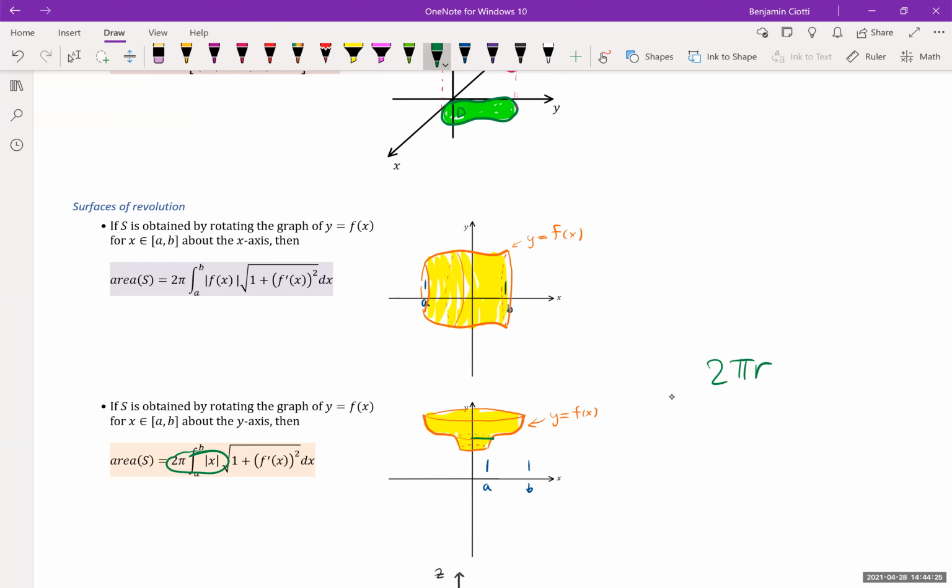And in this case, r is your x value, your radius r. So that's why there's an x right there. But in this case, r is like the y value, which is f of x. So that's why there's an f of x term.